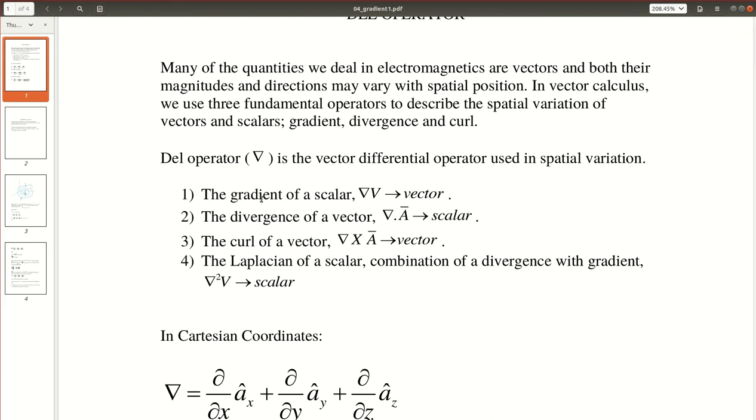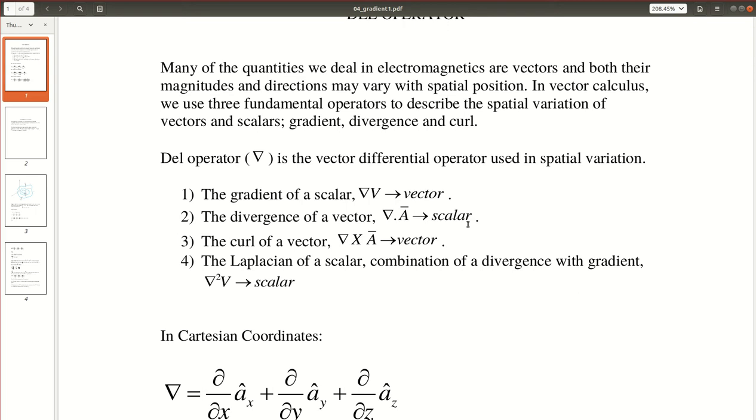The gradient of a scalar, this is the gradient. You take del without any dot or cross, V. The result is a vector. The divergence of a vector is del dot A, where A is a vector. This gives you a scalar.